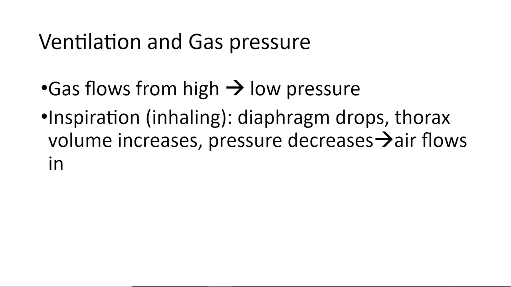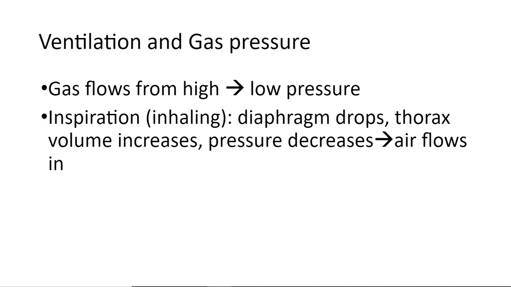that lower pressure area. So inspiration, like when you inhale, your diaphragm is going to drop. If you put your hand on your diaphragm, that's kind of the lower part of your rib cage, and you inhale, the diaphragm drops, and the thorax, that whole chest area, increases in volume.